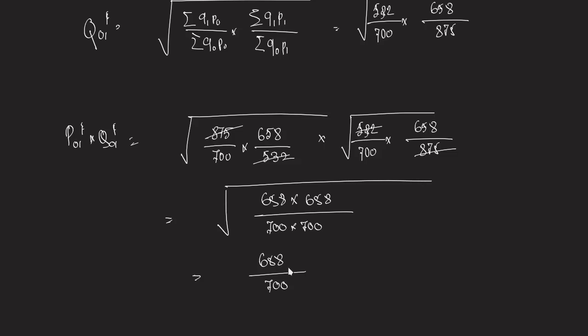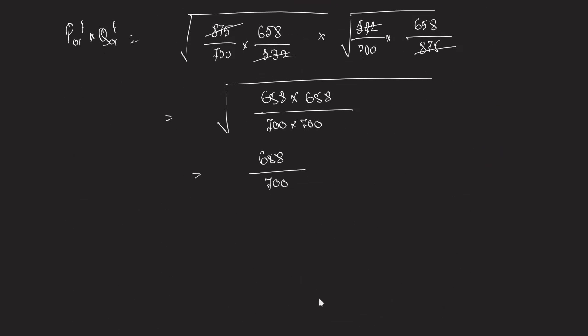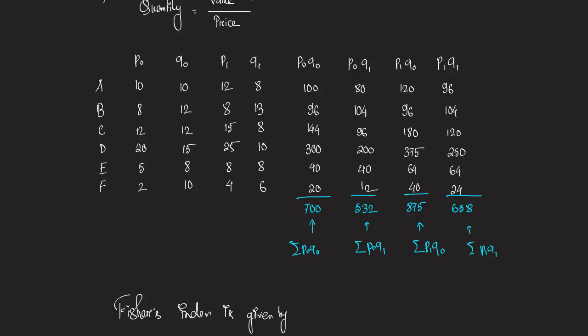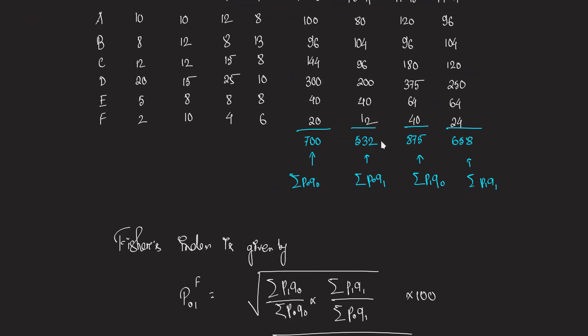And if you remember, 658 is the value of summation P1 Q1 and 700 is the summation of P0 Q0.